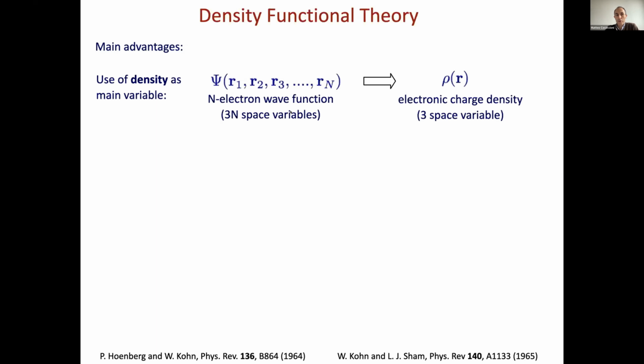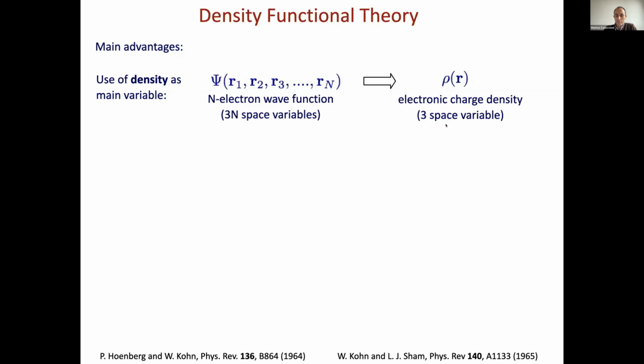The many-body wave function of course depends on at least 3N space variables, not to speak about the spin, where N is the number of electrons, while the charge density is a far simpler object to deal with because it only depends on 3 space variables, so far easier to store in a computer and much more user-friendly, if you want.